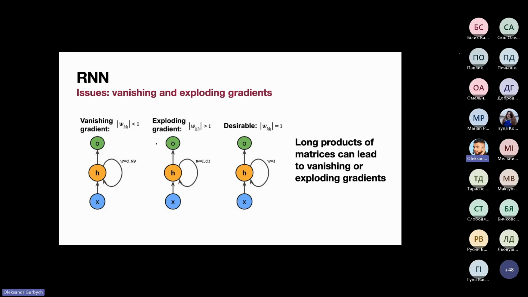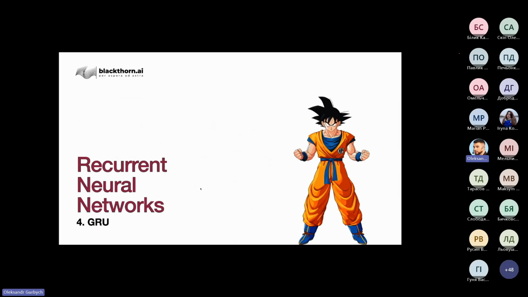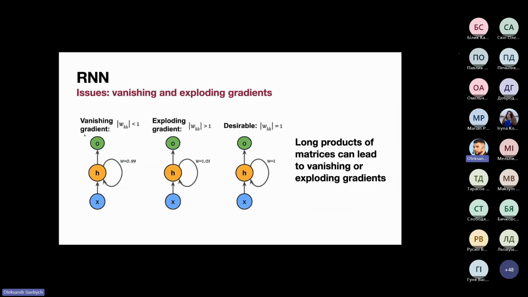So exploding gradients are easy to fix. Vanishing gradients are harder to fix. Exploding gradients are fixed easily with gradient clipping, like renormalization of gradients at each step. So when they start growing too much, you just rescale them and keep them in some range.